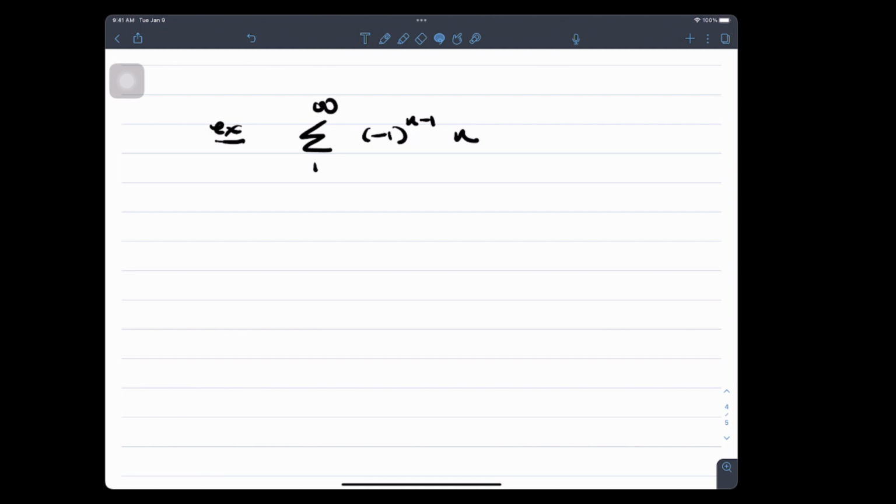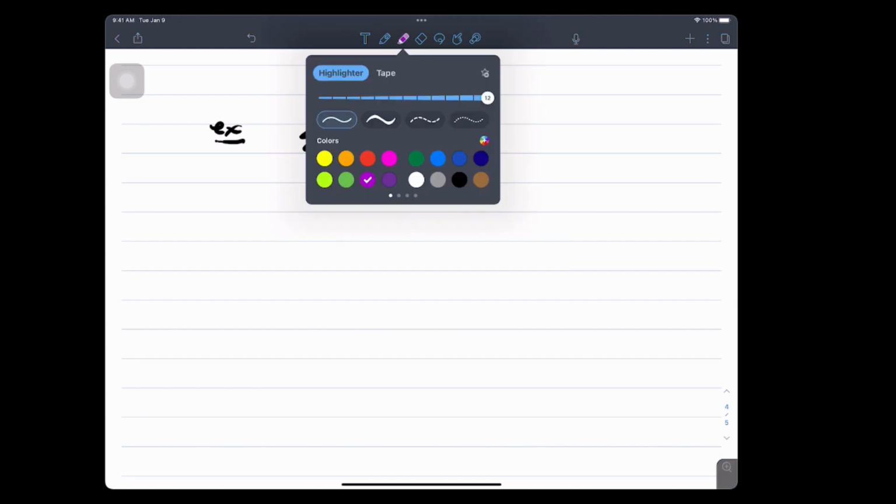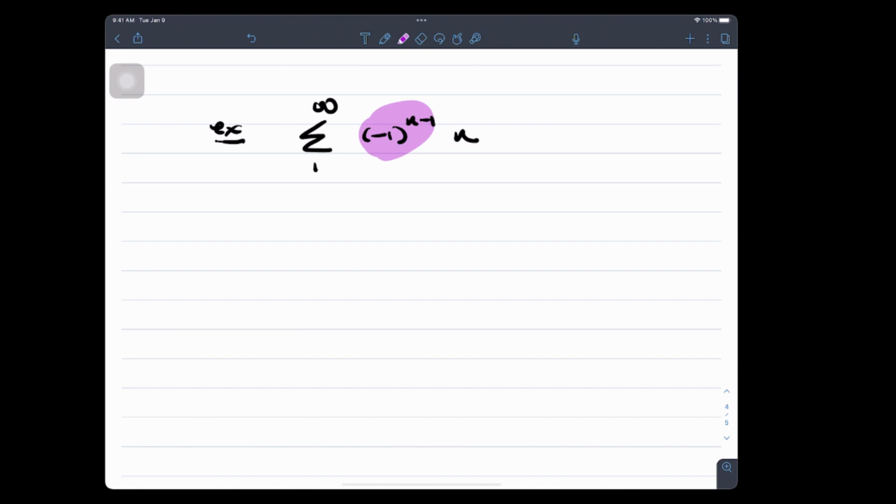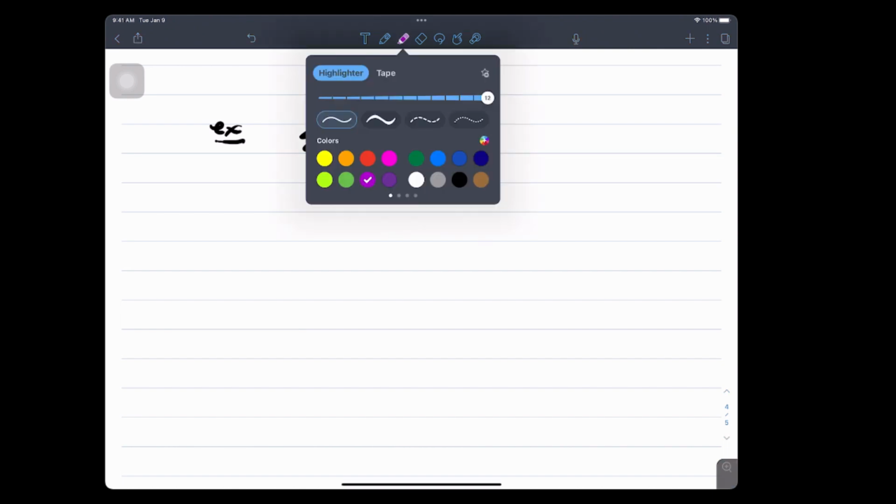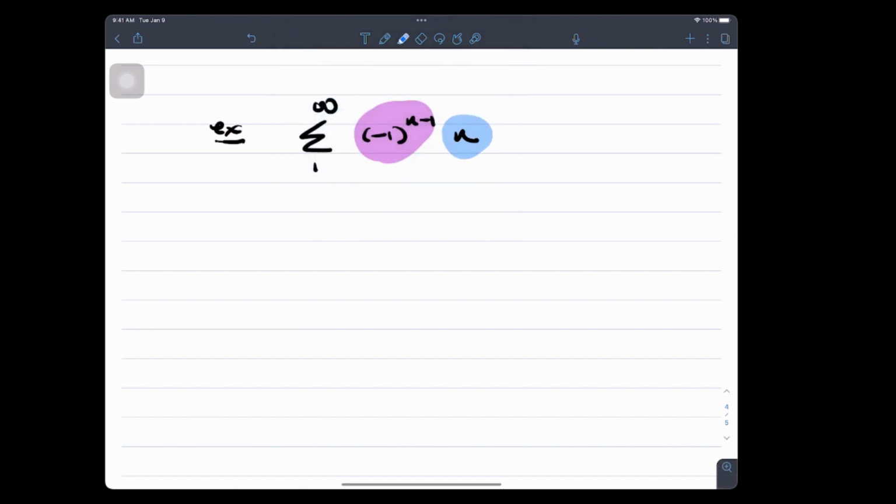First of all, this is an important thing. You might say, is this an alternating series? Say yes. Isn't that alternating? But what's the problem here? If you look at the first term, that's 1 minus 2 plus 3 minus 4. That goes on forever.